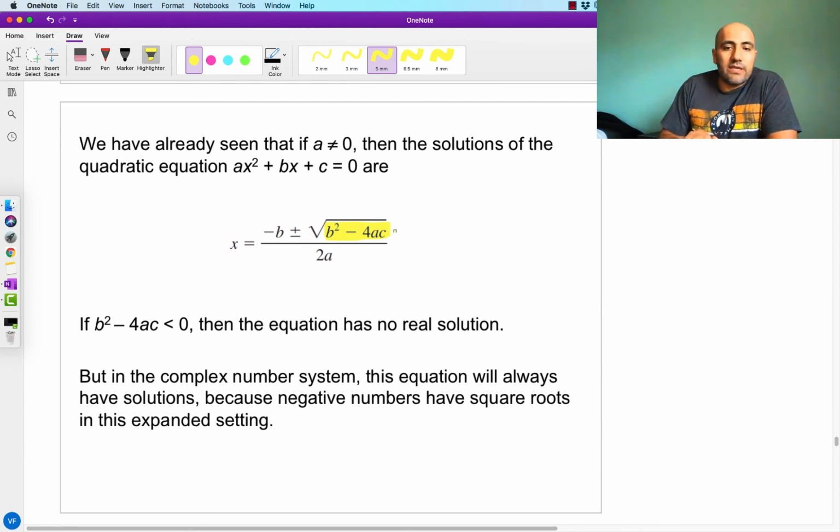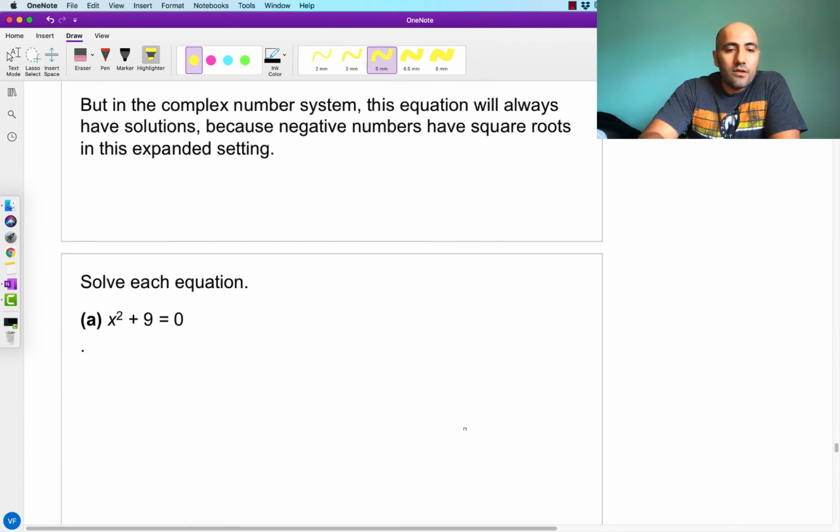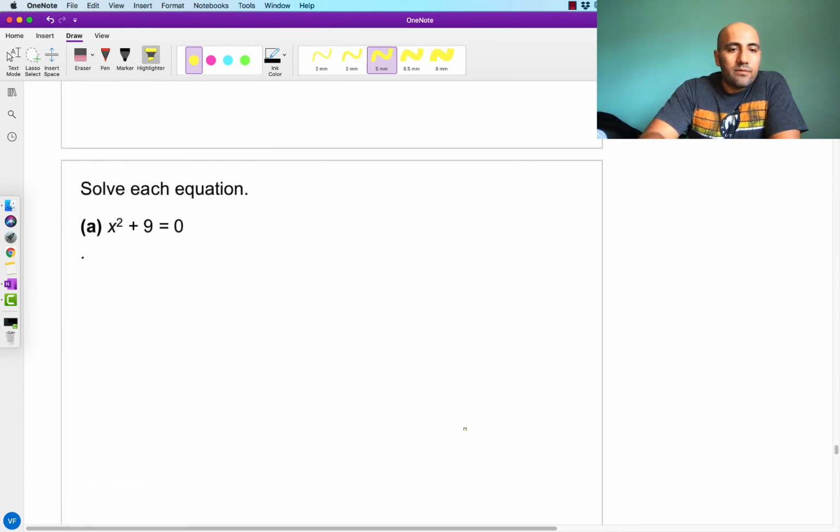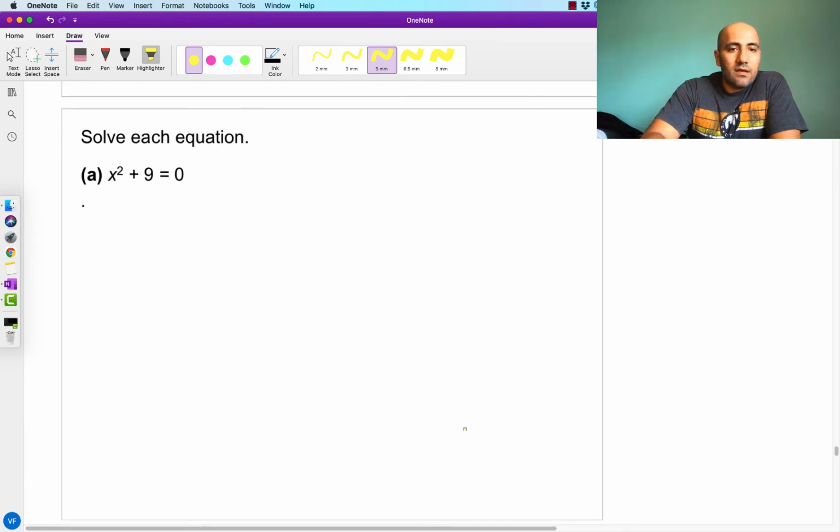There's no such thing as no solution. All quadratic equations have solutions. It's just that some of them might be in the complex numbers. Well, everything's in the complex numbers. It might have an answer that has an imaginary component. So here's an example. Solve this equation.